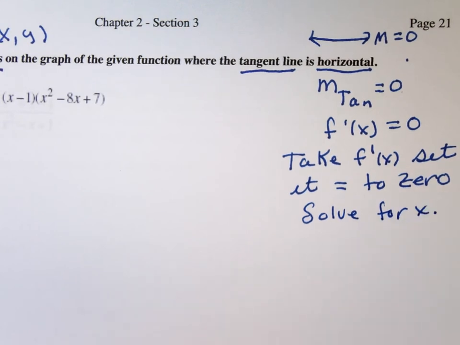Now that will give me the x values where the slope of the tangent line is horizontal. That's what it will give me. That's going to be our chant, by the way, for chapter 3.